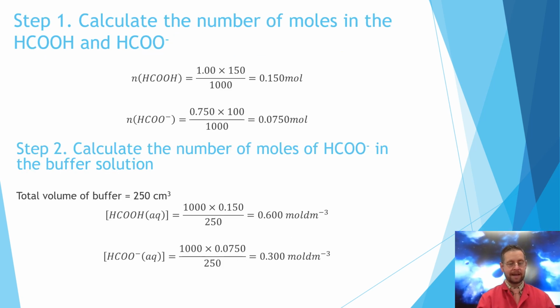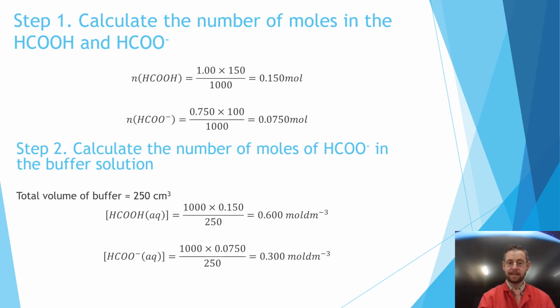So let us first work out the number of moles. If our concentration is in moles per decimeter cubed, and we multiply it by the volume in decimeters cubed, we get the number of moles because the decimeters cubed cancel out. But we have not been given the volume in decimeters cubed, we've been given it in centimeters cubed. So we first need to convert that volume from centimeters cubed to decimeters cubed. The 150 centimeters cubed has to be divided by 1,000.